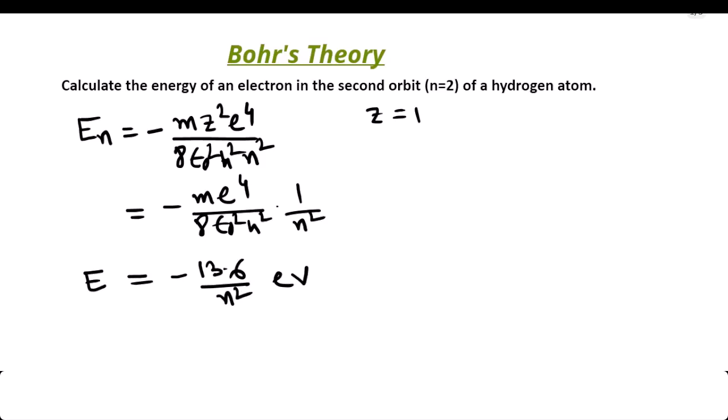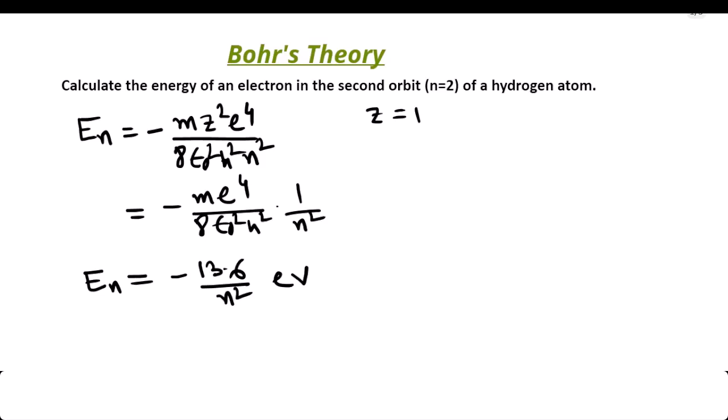So we will get this expression: En equal to minus 13.6 by n square electron volt.